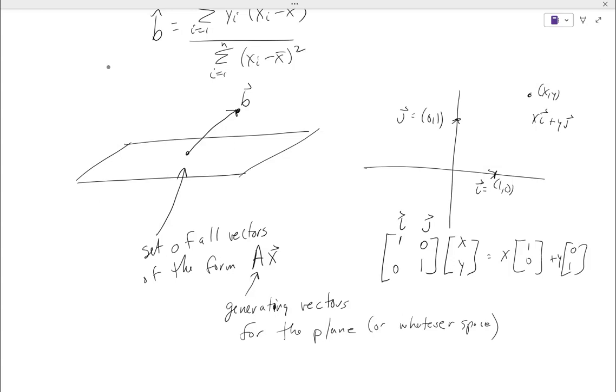If I think again of my three-dimensional picture, if I have a vector that comes off my plane up, can I write it as A times x equals that? No. So in linear algebra speak, if we tried to set Ax equals b, we would get what's referred to as an inconsistent system. You can't solve it. But what I want to try to do is get the best possible approximation I can. I want to try to get this as good as I can get.